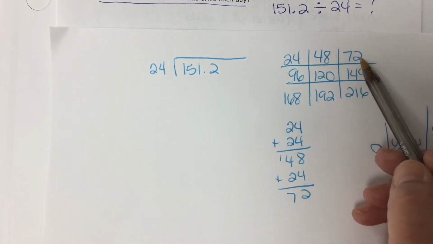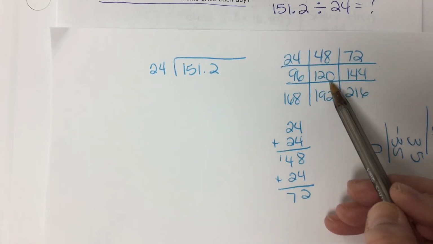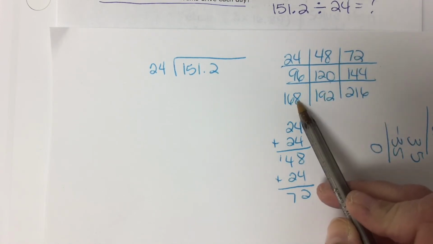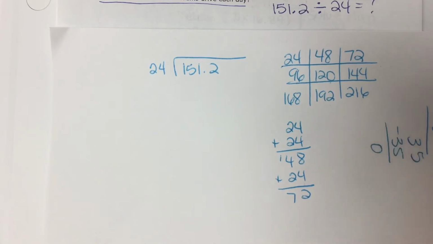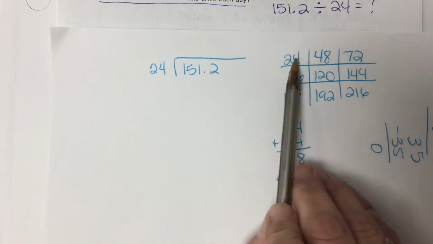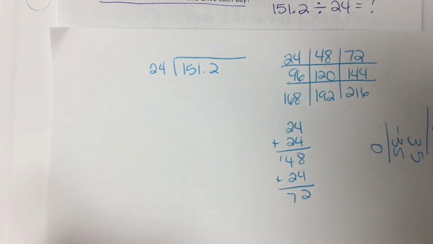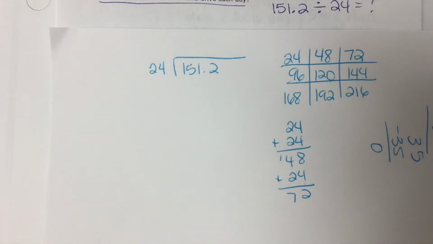So 24 times 3 is 72. Add 24, you get 96. Add 24, you get 120. Add 24, you get 144. Add 24, you get 168. Add 24, you get 192. Add 24, you get 216. So that's 24 times 1, 2, 3, 4, 5, 6, 7, 8, 9. So there's all your multiplication facts. So you can work this problem without any problems.